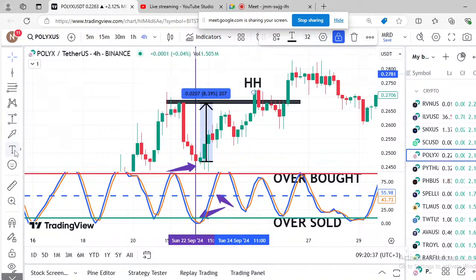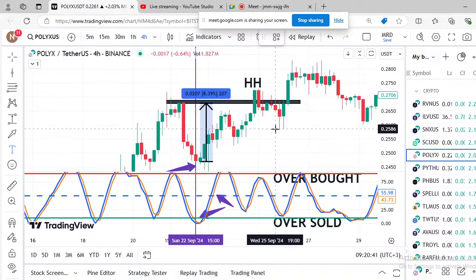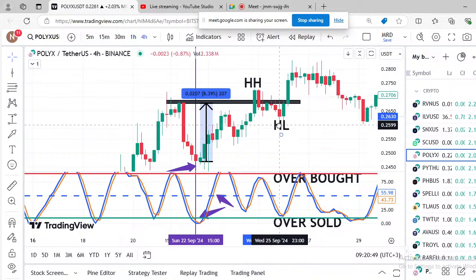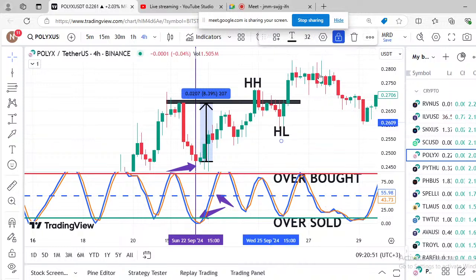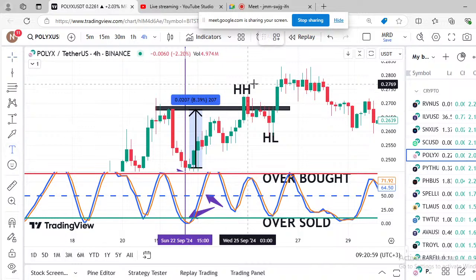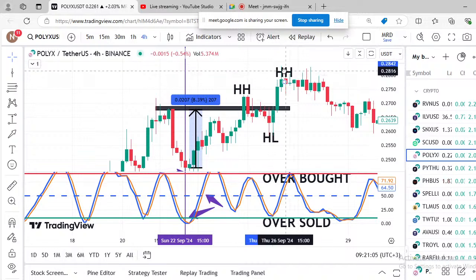Now we expect the market to form what we call a higher low. After forming a higher low, definitely we expect the market to form a new high, whereby it was here. Higher high. Are you getting the point?